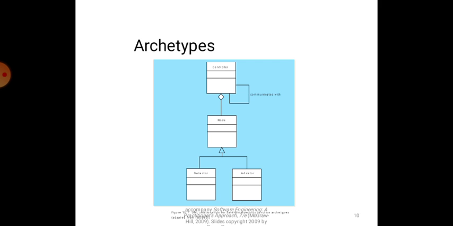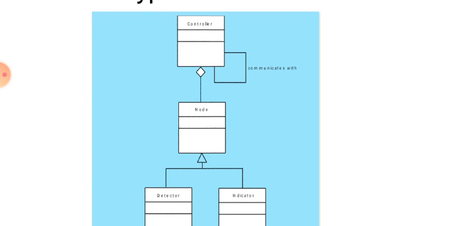Now you can see these archetypes in this diagram. There are four archetypes. At the very top you have a controller, then there is a node. At the bottom left you have a detector, and at the bottom right an indicator. This is a UML diagram you have studied, unified modeling language.